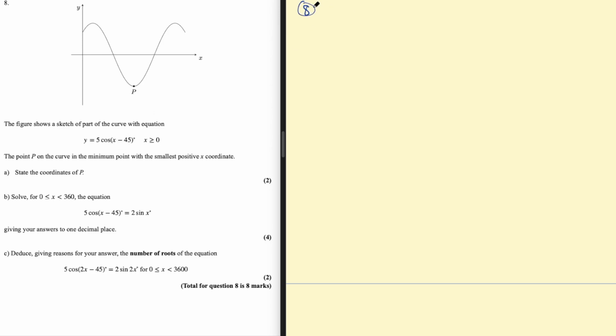So if you think about what the graph of the cosine looks like, let's draw a quick sketch. It starts at 1, goes down to 0 at 90 degrees, and then comes back up, intersects at 270, and the minimum here is at 180 degrees, and it would keep going and have another maximum at 360.